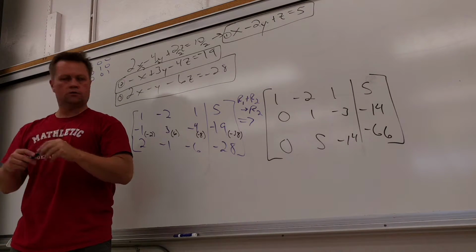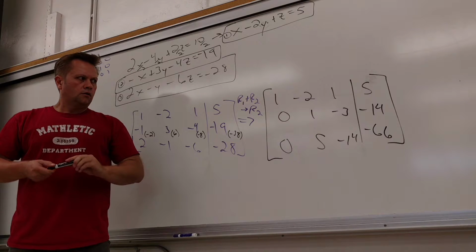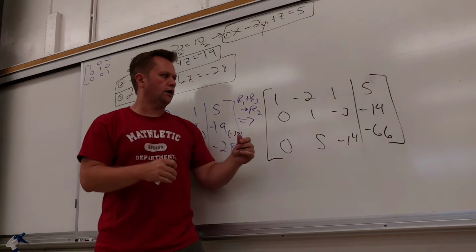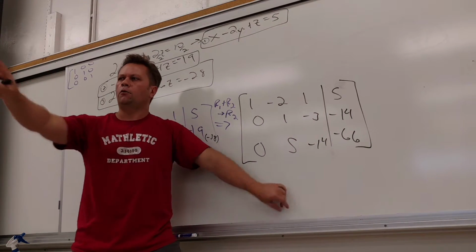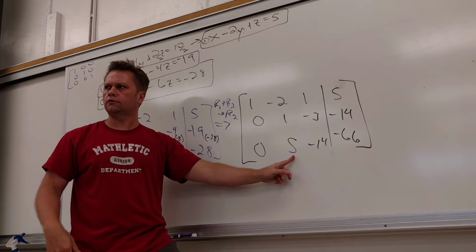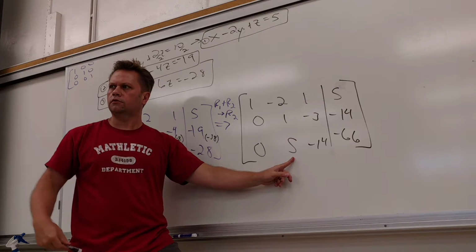Yes, sir. So are we going to multiply both of them to make it like a negative 10 and 10? No. One thing about what you just said, I could not use this to kill this. Do you see what I'm saying?